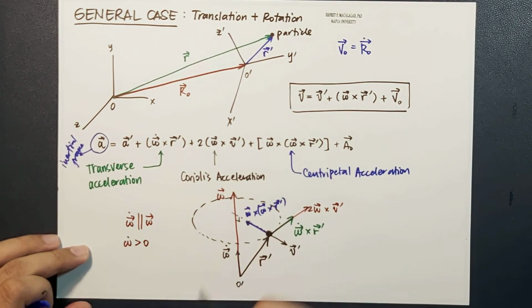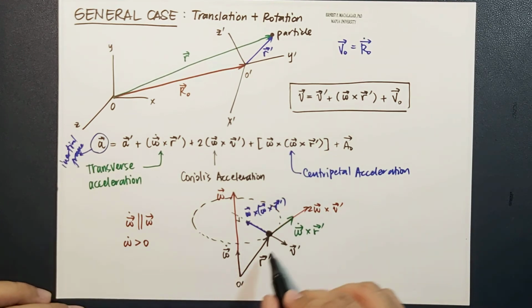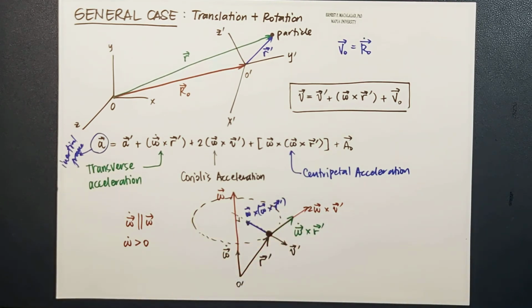It's pointing towards the center of this circular path. Okay, so that's it. Those are your inertial terms.